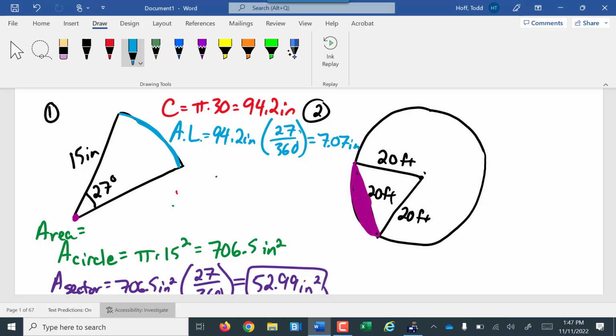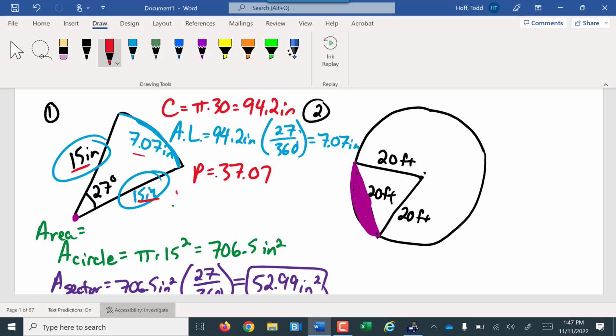Well, that's this arc length here. To find the rest of the perimeter, what do I need? 15 and 15, right? To find the rest of the way around. So the perimeter, 15 plus 15 is 30, plus 7.07 is 37.07 inches. What do you think?